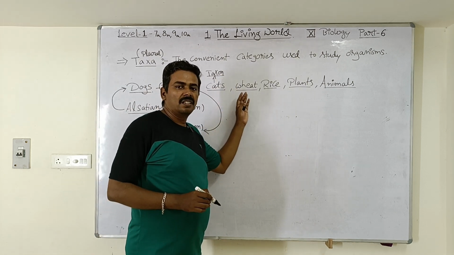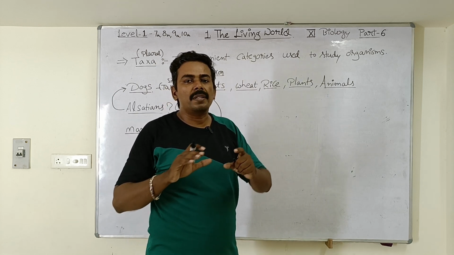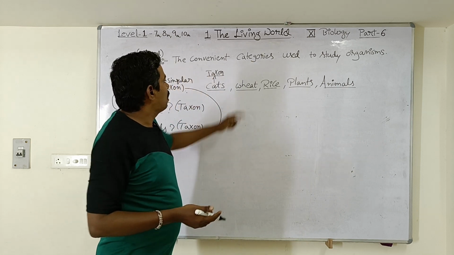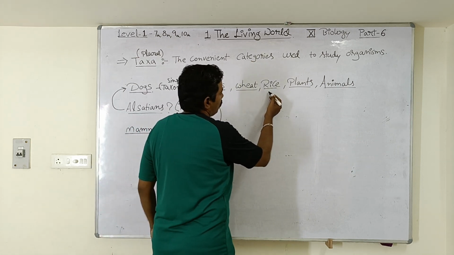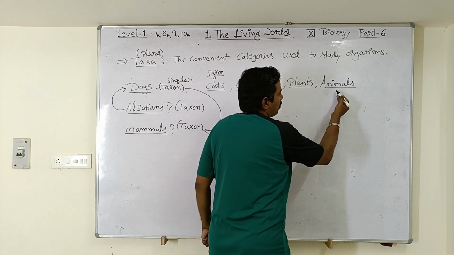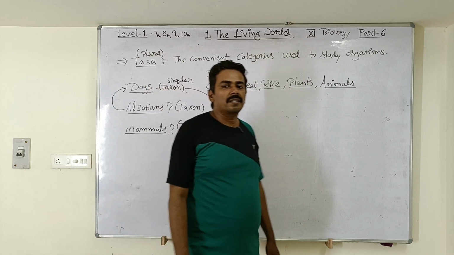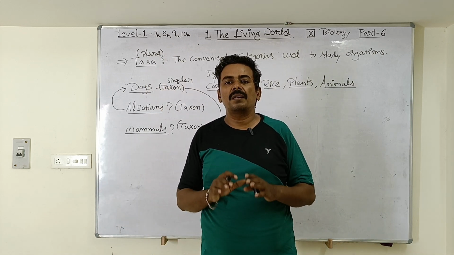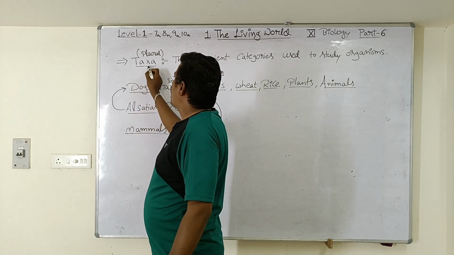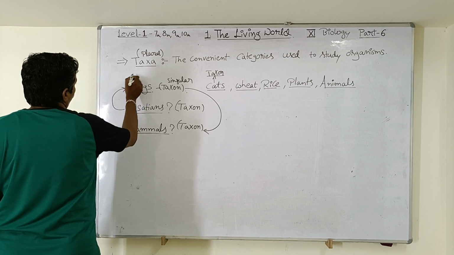Similarly, wheat doesn't represent one particular plant. When I say wheat, it represents all the different varieties of wheat plants. So wheat is also a taxon, rice is also a taxon, plants is also a taxon, animals is also a taxon, isn't it? Understood, students? So this is about the concept of taxon. No confusion: taxa is the plural form and taxon is the singular form.